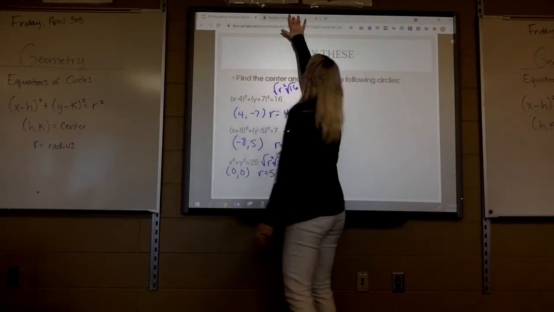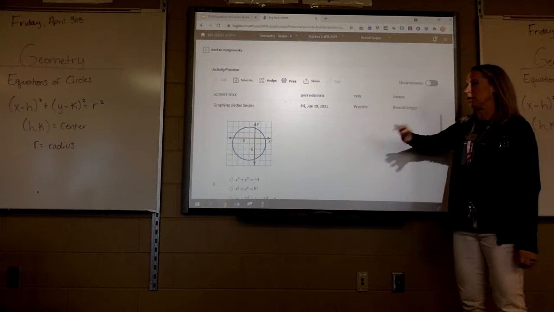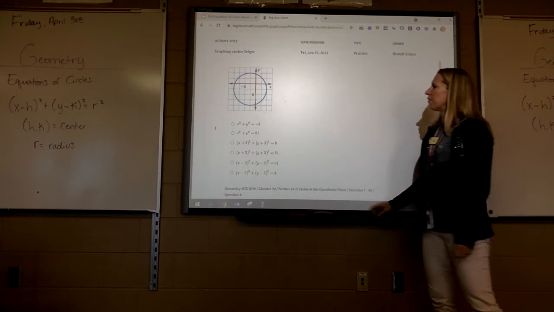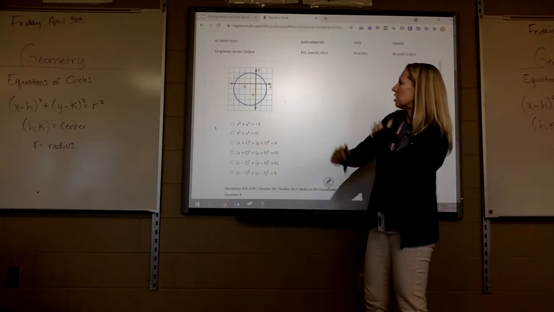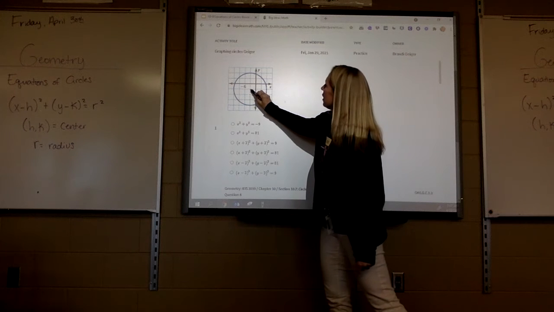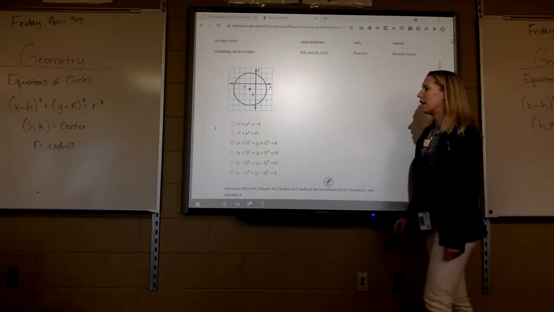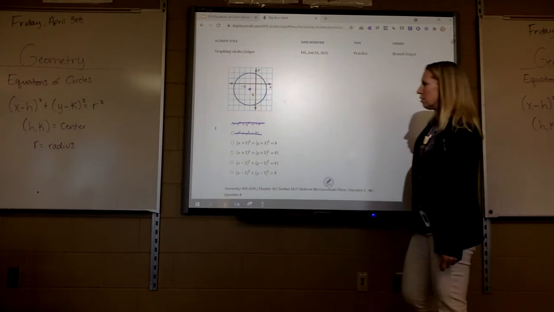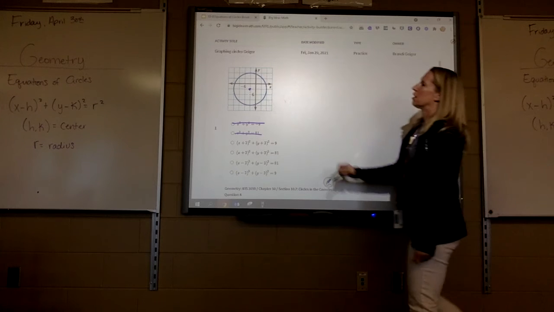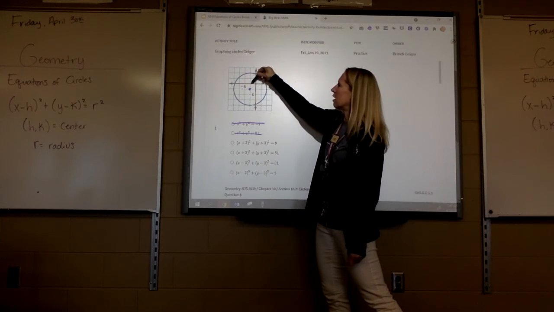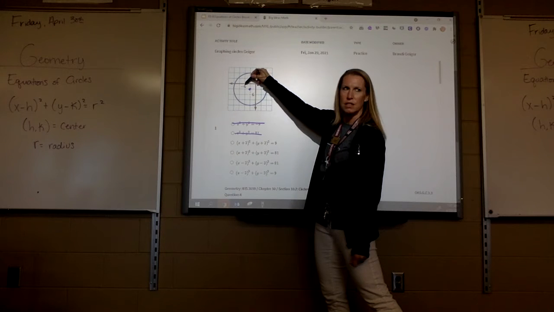All right, so do you guys have Big Ideas pulled up? Unlike this first one, I have to figure out where in the world the center is. Does it look like it's right here? Yeah. So it's definitely not at 0, 0, so it can't be those two. It looks like this is numbered by 3s, can you tell? It goes -3, -6. You guys see that?